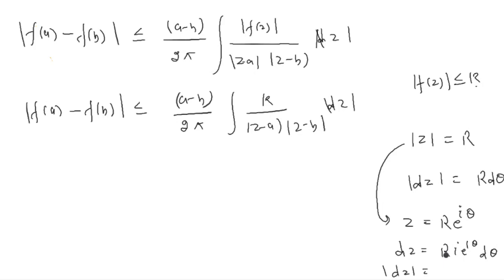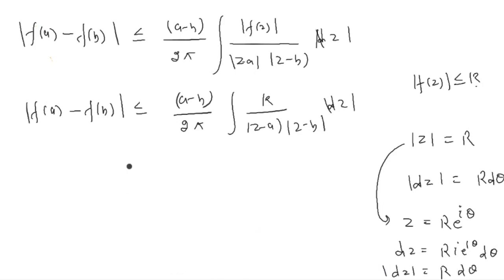The value of e to the power i theta equals cos theta plus i sin theta, and the modulus of e to the power i theta equals 1, because the modulus of cos theta plus i sin theta equals 1. And the modulus of d theta is again d theta, because d theta is real. So dz equals simply r d theta.